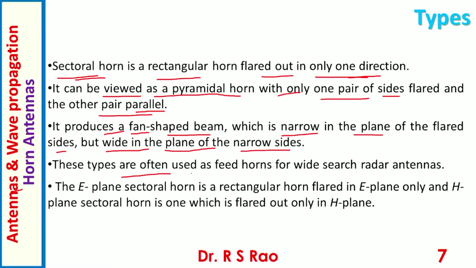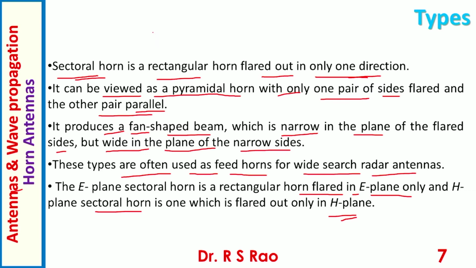These types are often used as feed horns for wide search radar antennas. E-plane sectoral horn is a rectangular horn flared in the E-plane only. H-plane sectoral horn is one which is flared out only in the H-plane.